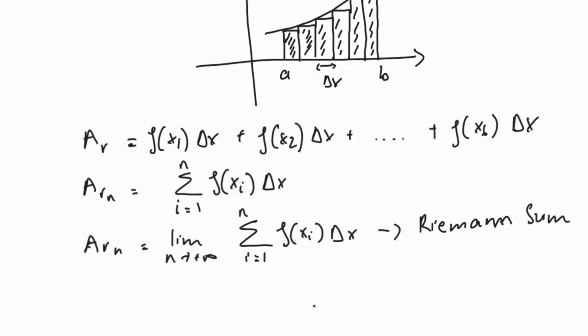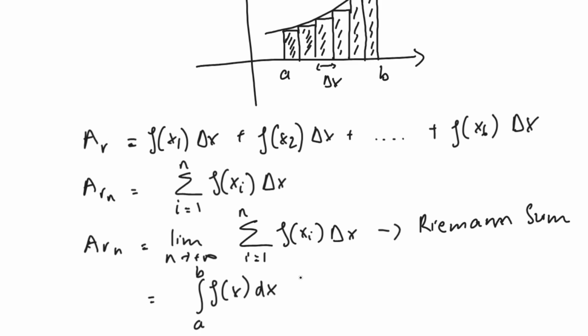By the definition of the integral, the integral is the Riemann sum. So this limit of the summation equals the integral from a to b of f(x) dx. So the Riemann sum is actually the integral of the curve from a to b.